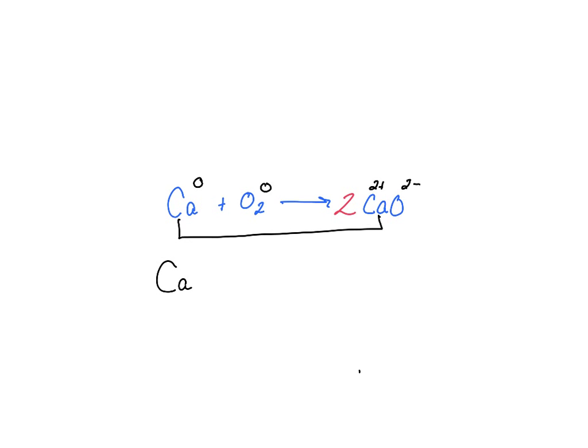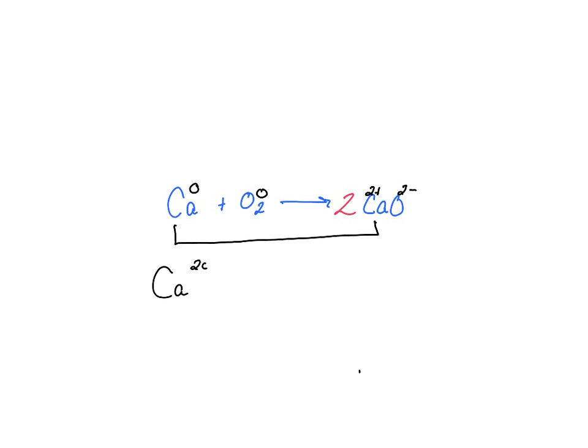Well, calcium has an atomic number of 20. So that means that it has 20 protons and 20 electrons. Protons carry a positive charge, electrons carry a negative charge. So when you subtract these, you should end up at 0, which is where we get this number right here.